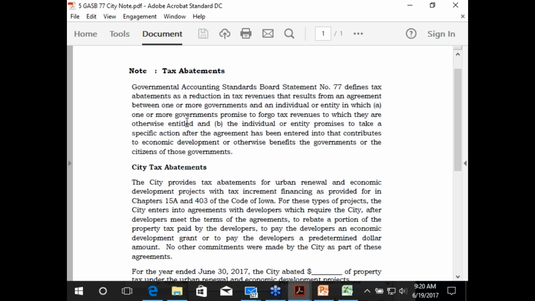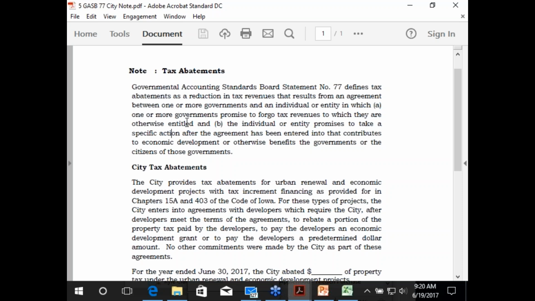Now, that could have been a tax abatement, except for the fact that there's nothing required of you after you move in. You move in, you go apply for it. You don't have to do anything except live in the house. And GASB said that that's not something that's going to trigger it, since you're not doing something afterwards. Negative actions don't count in that way.